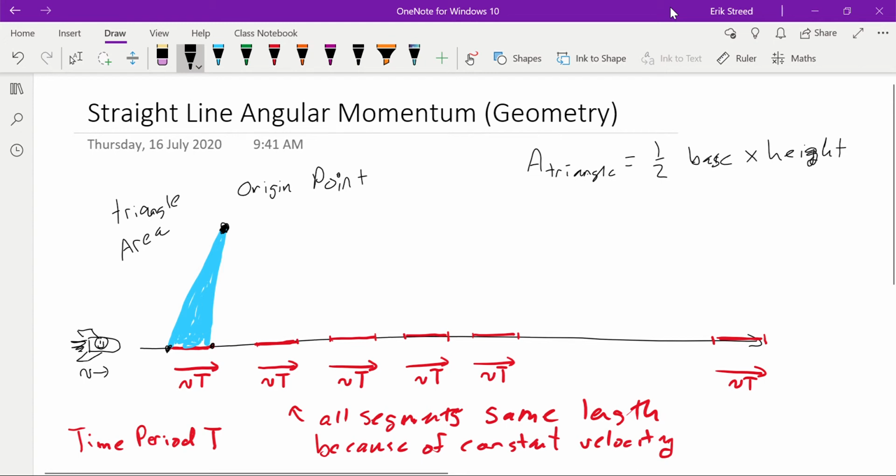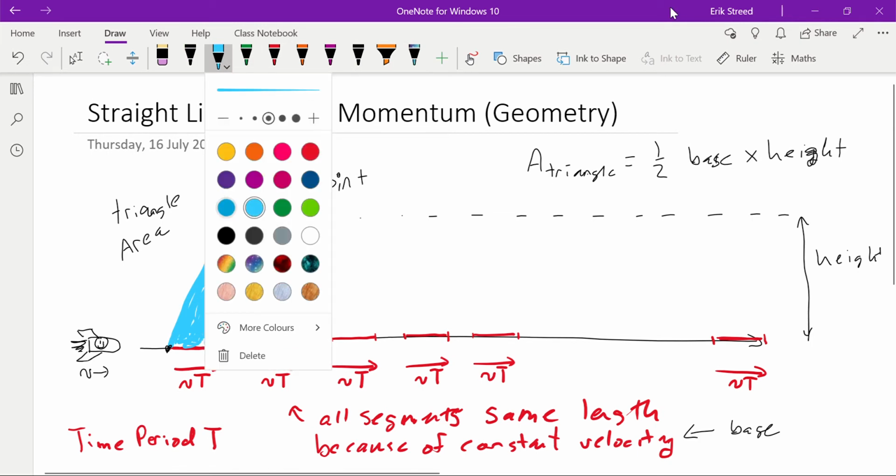If we look at this line, we do a little dashed line here. Let's call this the height. And we'll call each of these the base. Let's go to a slightly different color.